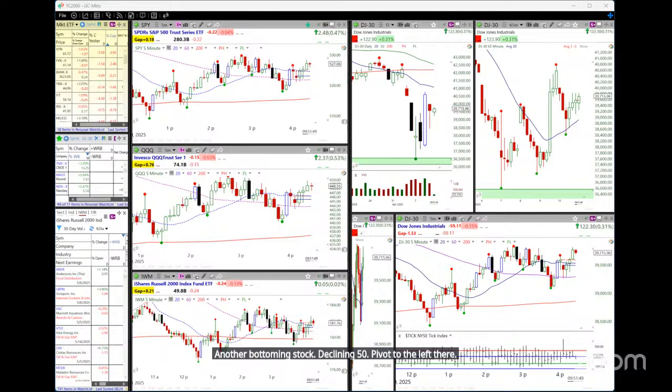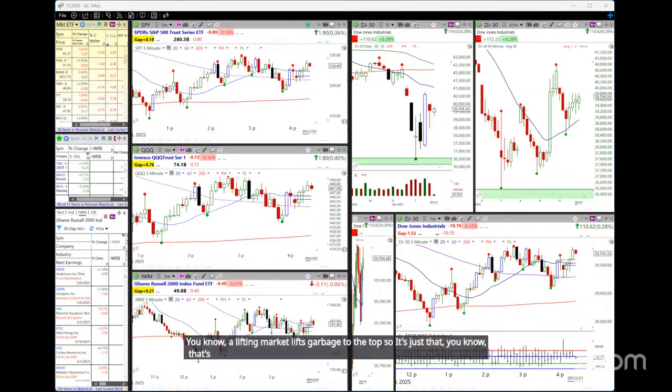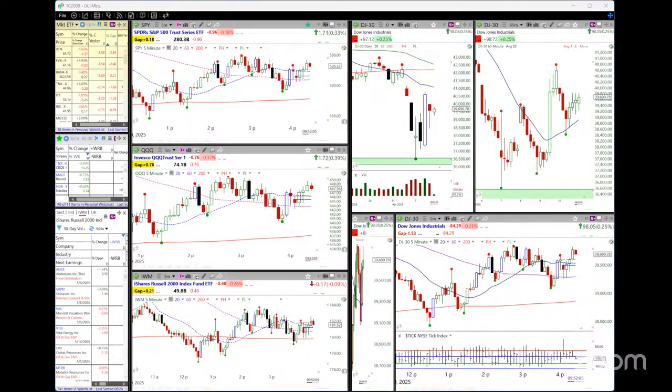But it could go through it, if the market takes off. A lifting market lifts garbage to the top. That's what we're dealing with right now. But if you're not doing something, there's no chance of possibly making anything either.